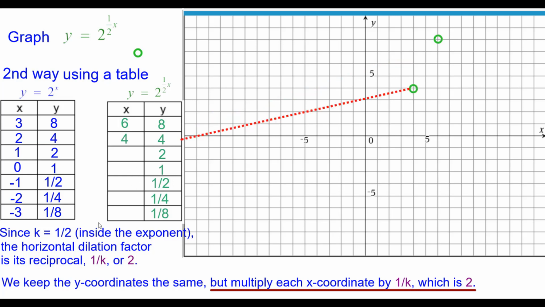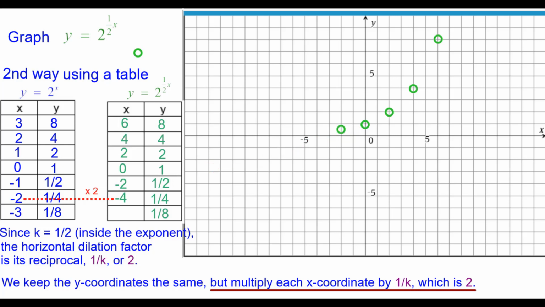And so go ahead and finish this table and graph. Press pause and resume when you're ready. So 2, 2. 0, 1 is left unchanged by doubling the 0. Negative 2, positive 1/2.